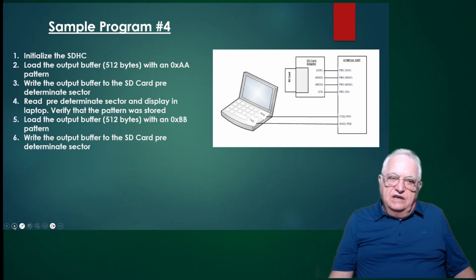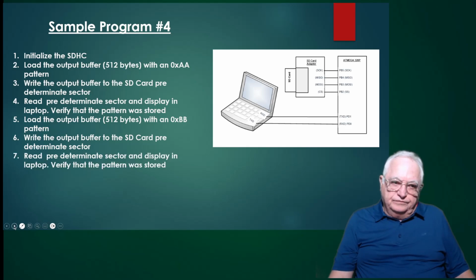The idea here is we write the pattern of all hex AA, and then we write the pattern of all BB. So we show that we write A, we display it, then we write B, and then we show that the AA got overwritten by the BBs in the display output.